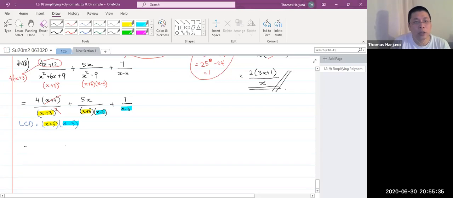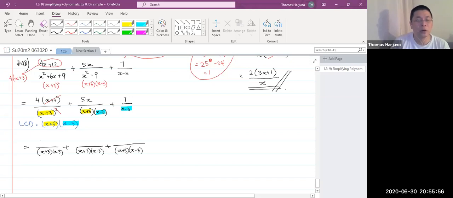And this will then be (x + 3)(x − 3) for each term.